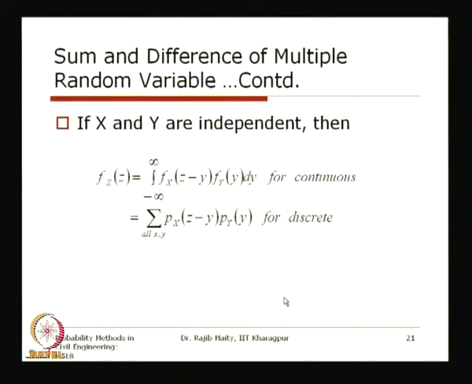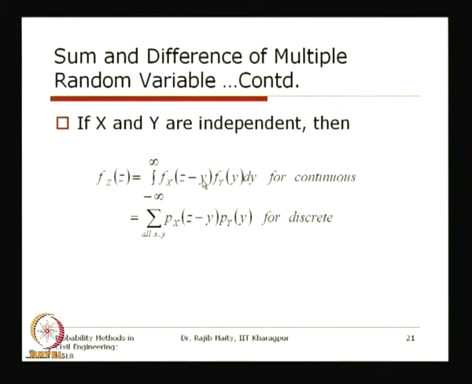Now, if x and y are independent, and if we are interested in the distribution of the summation, then this can be expressed as the integral from minus infinity to plus infinity of f_X(z minus y) multiplied by f_Y(y) dy, because you know that their joint is now the product of their individual marginals. So f_X(x), where x is replaced by z minus y.